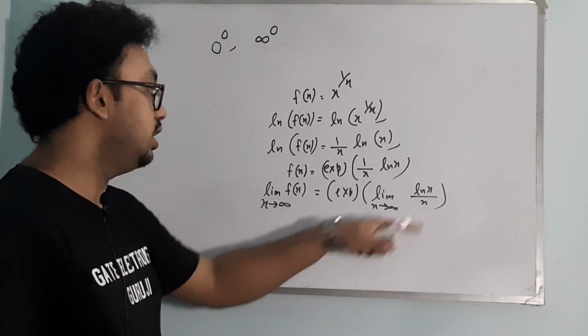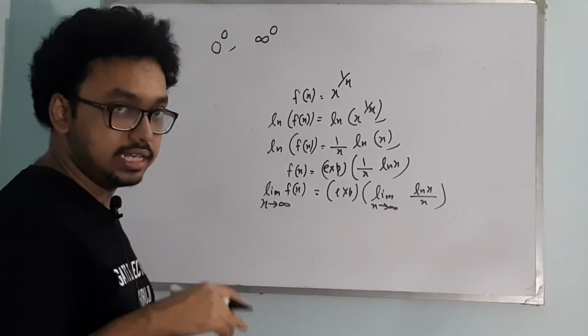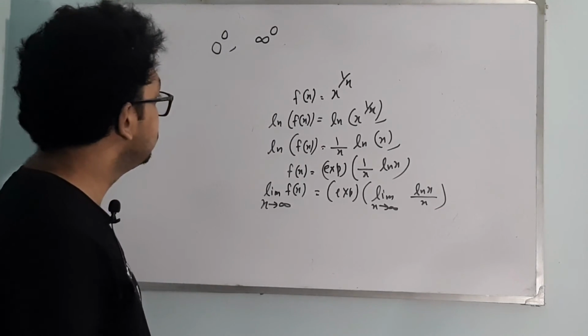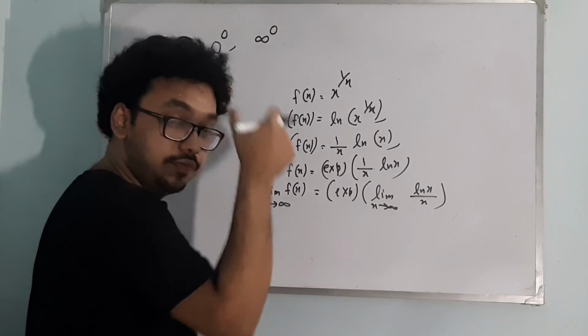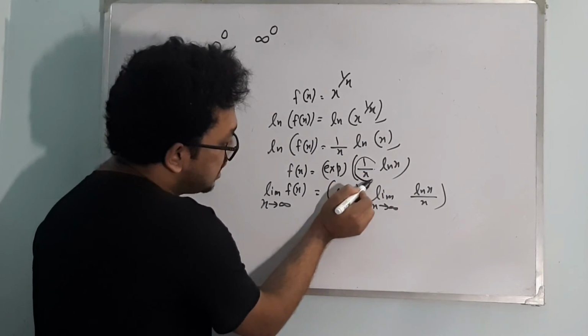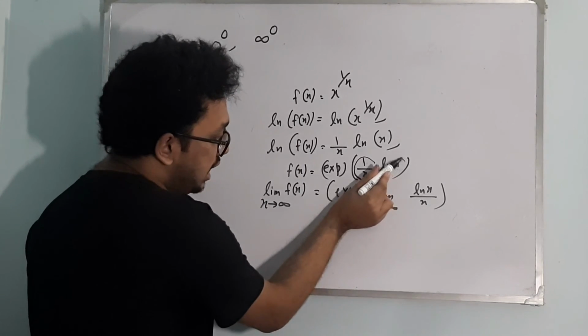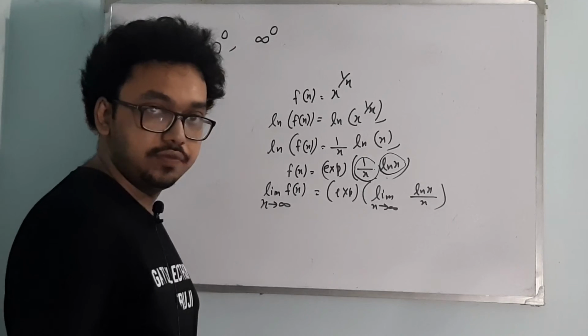And how to find out the limit of this? See, one thing I had said a few minutes before, that this limit will always be present in 0 into infinity form. When x is tending to infinity, this 1 by x is tending to 0, and this ln of x is tending to infinity. So clearly this is present in a 0 into infinity form.